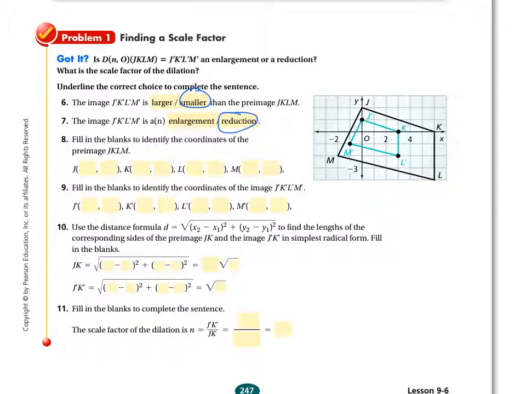Bless you. So find your proper ordered pairs.